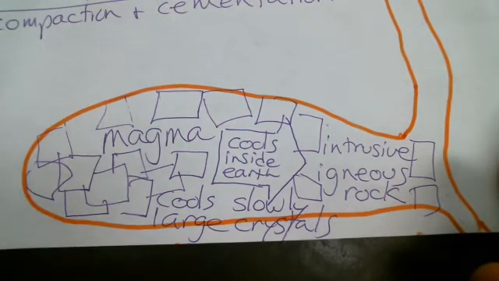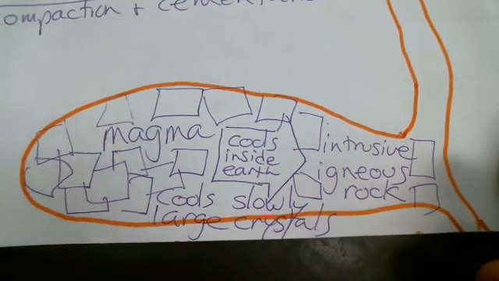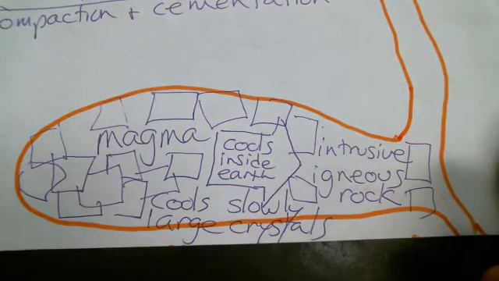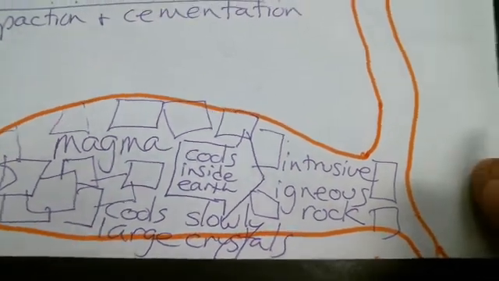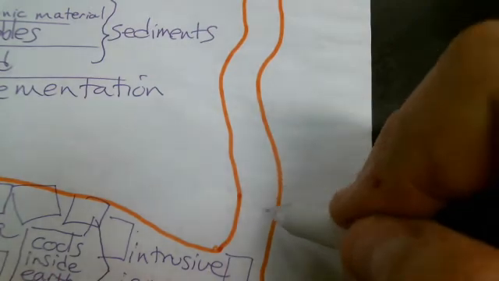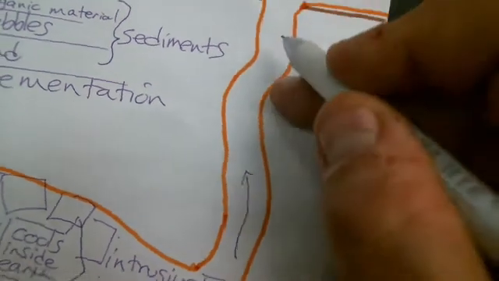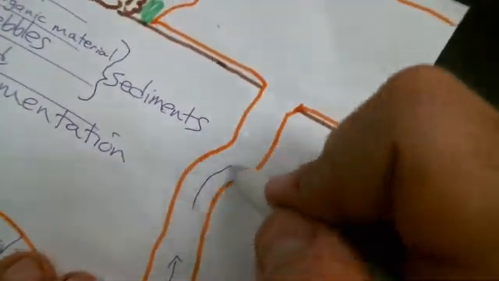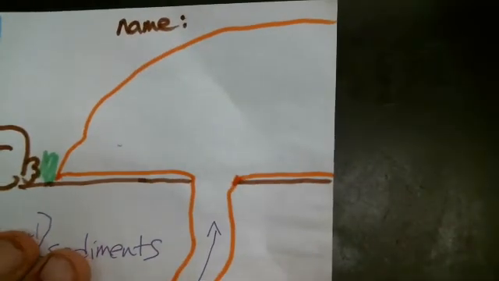Okay, that is intrusive igneous rock with magma under the ground. Now, when this hot liquid rock can find its way out, then it's called something else. Then it's called lava.